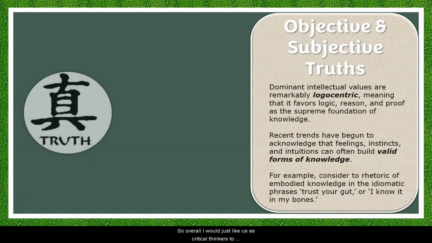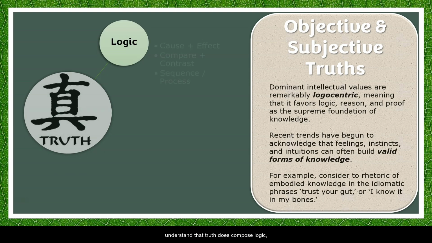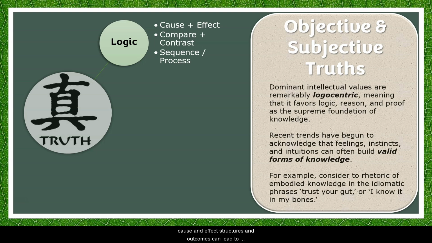So overall, I would just like us as critical thinkers to understand that truth does compose logic. Cause and effect structures and outcomes can lead to true, real forms of knowledge. Compare and contrast, sequence and process analysis, all of these logical structures can absolutely help us build foundations of knowledge and truth.